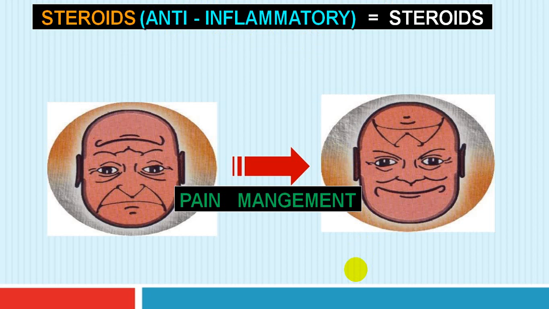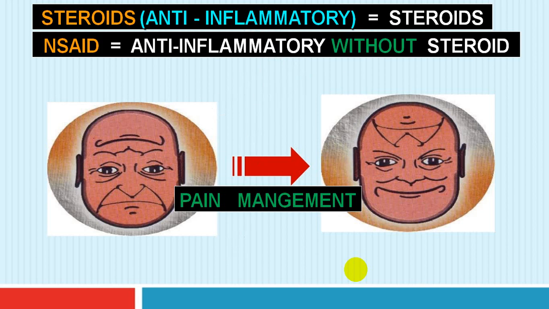So remember that steroid can be utilized as an anti-inflammatory in very, very few conditions, in which it will reduce your inflammation, plus it will also reduce your pain secondary to inflammation, but it is not an analgesic drug. While non-steroidal anti-inflammatory drugs are the best anti-inflammatory drugs, they do not have effects like steroid.